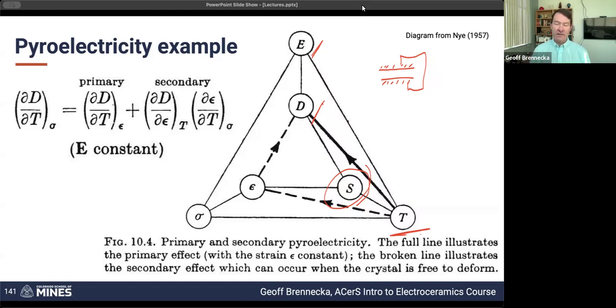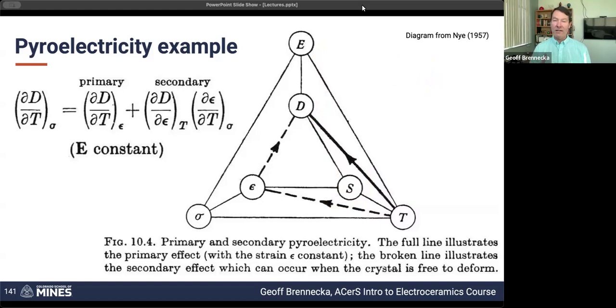That's short circuit: constant field. Open circuit is going to be the rough equivalent of constant polarization or constant displacement. But that means that for that to stay constant, you're going to end up developing a field, and because of that field effect, you're going to get a lot of secondary effects from all of the other contributions on this triangle.